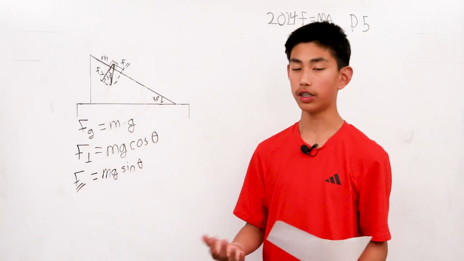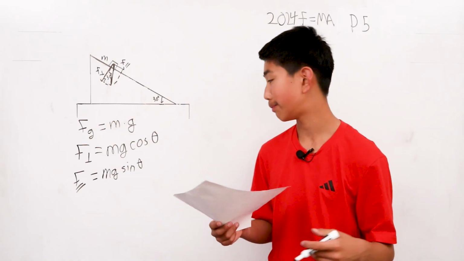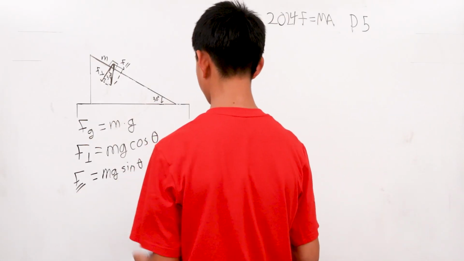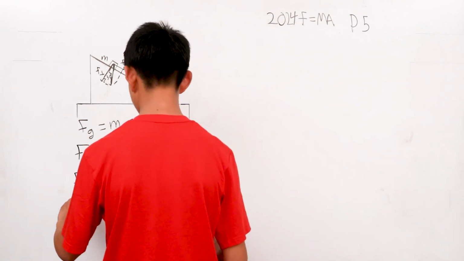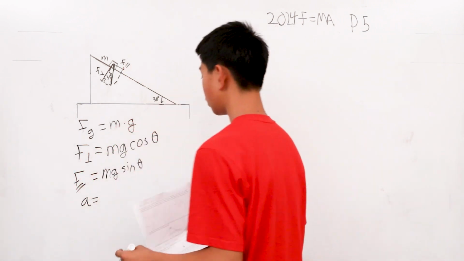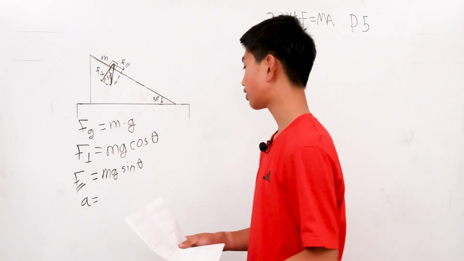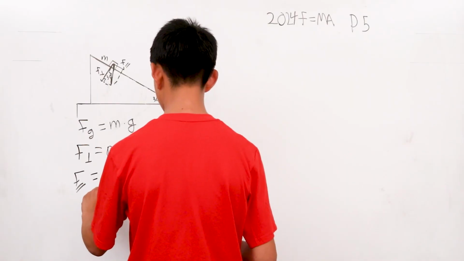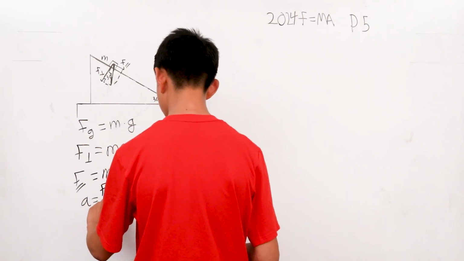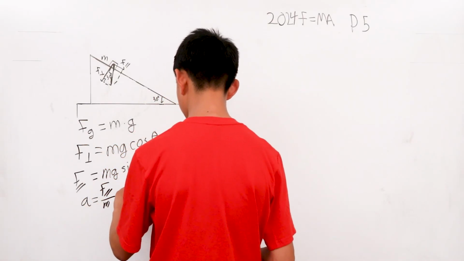Since we can use the equation F equals ma, we can actually find the acceleration of the block to see if it matters. F is ma, so to get a, divide both sides by m. So this is F parallel over m, which equals g sine theta.